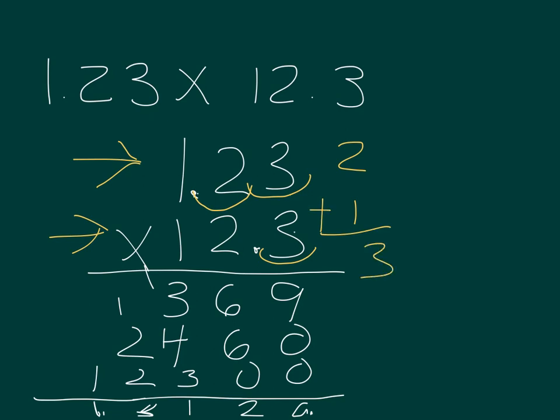So when I come to place my decimal in my answer, I want to start from the right and move it over 3 places. So I come 1, 2, 3, and place my decimal right there, and that's a 5, isn't it? And so my actual answer would be 15 and 129 thousandths.